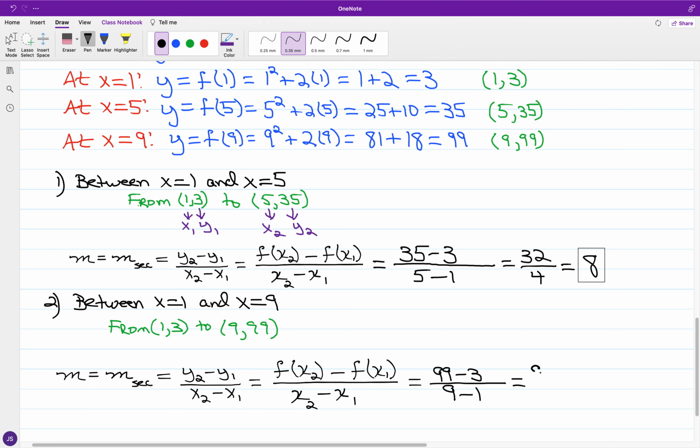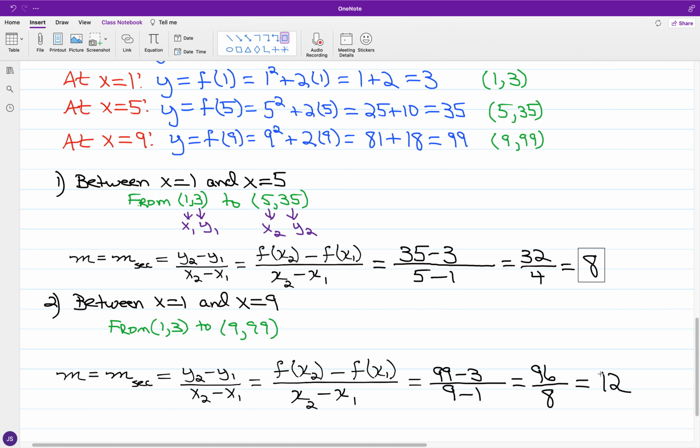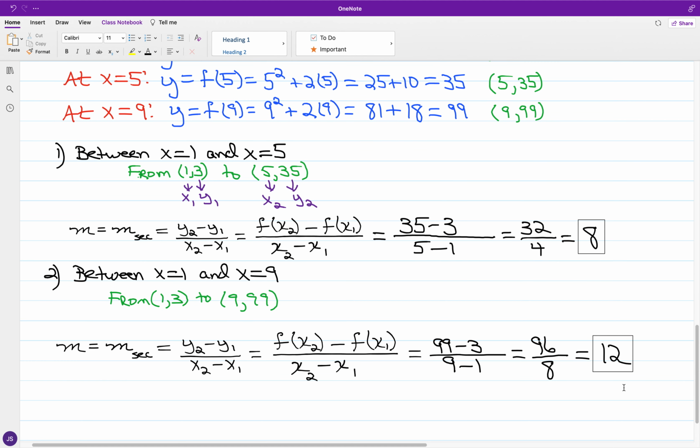So you have the change in y at 96 units, and the change in x at 8. A 96 to 8 ratio reduces to 12. So this line is going to be even steeper. We have the slope at 12 units in comparison to the other line, which we have at 8 units.